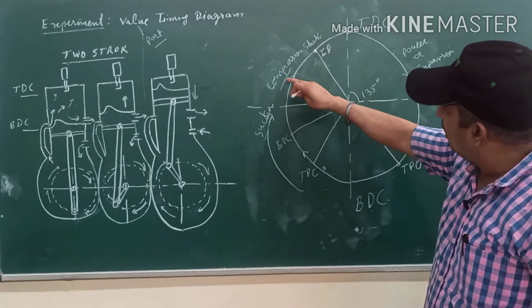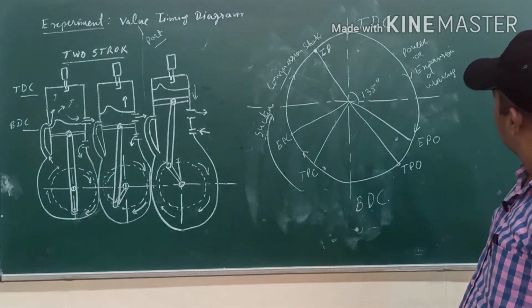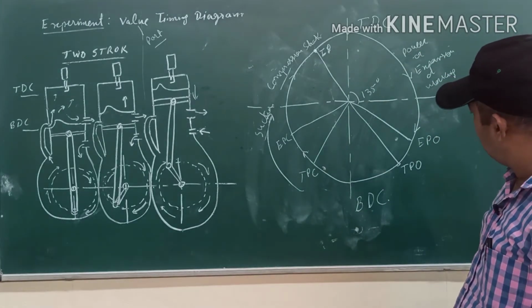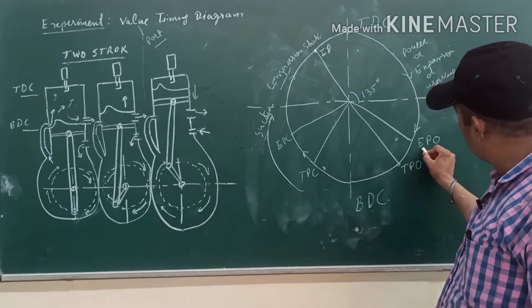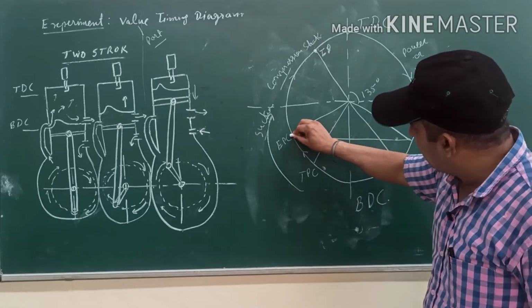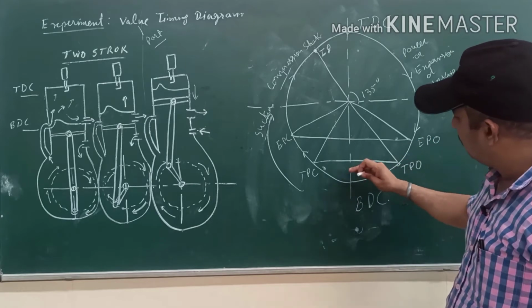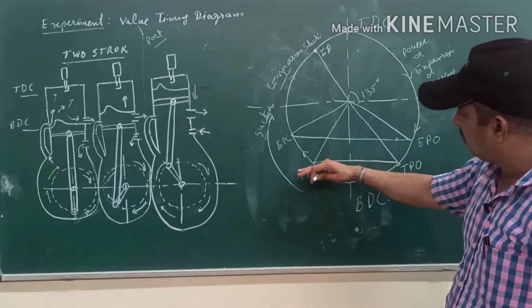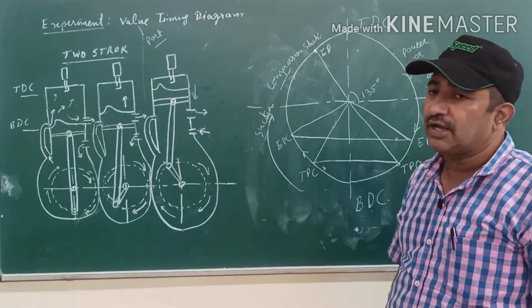The first stroke is power and exhaust. So transfer port open, transfer port closed, exhaust port open, exhaust port closed are exactly the same, in the same line. Hopefully you understand the valve timing diagram.